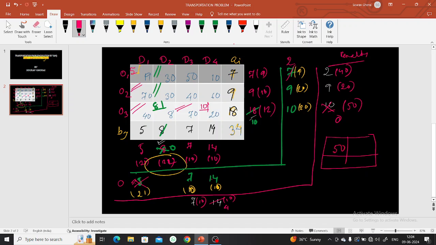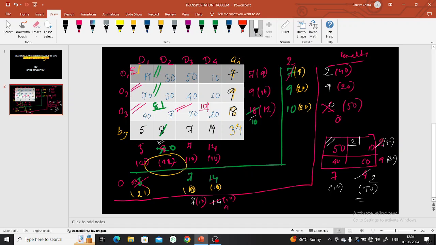This is 50, 10, 40, 60. The supplies are 2 and 9, and the demands are 7 and 4. Now what is the penalty? 40, 20, 50 and 10. Which one is the maximum? That is 50. In this column, which one is the minimum? 10. So put 2 here. The demand is 4 and the supply is 2, so this will be exhausted.